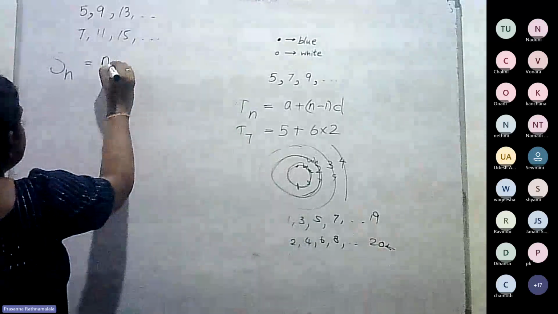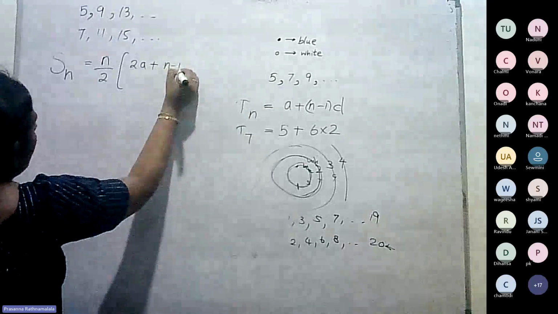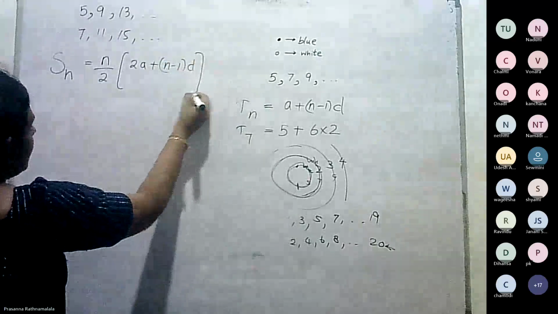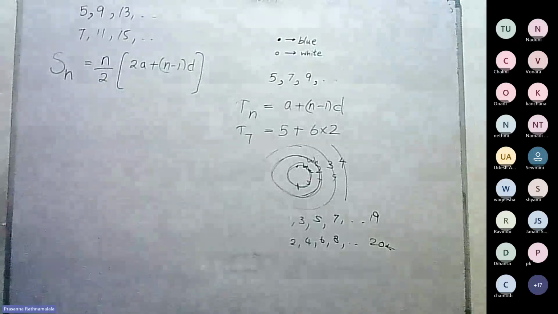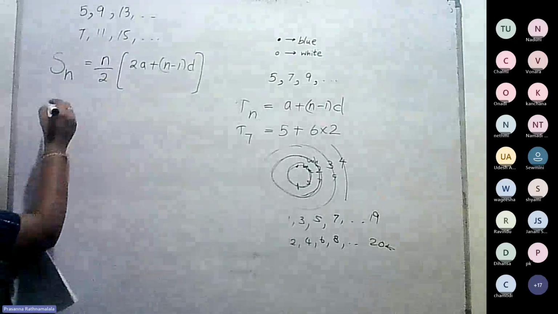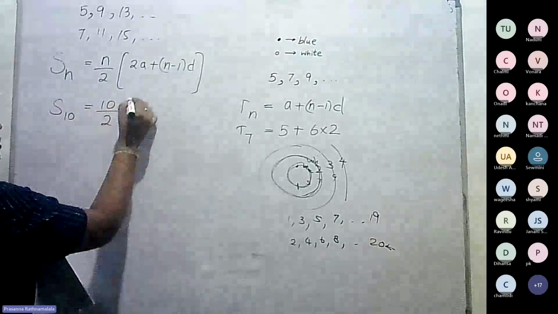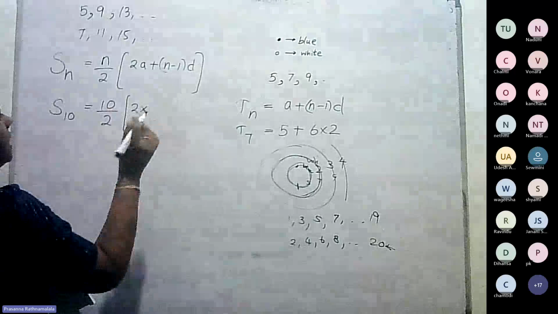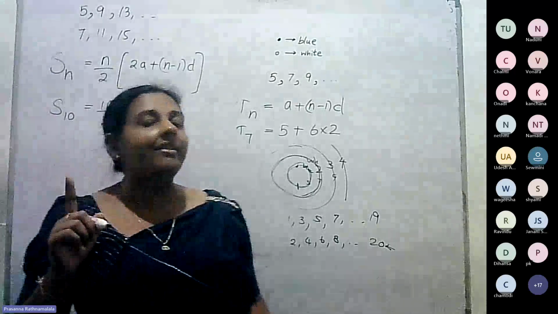That equals n upon 2 times (2a plus (n minus 1)d). That is the most appropriate formula to find the number of students in 10 circles. Then S10: 10 divided by 2, times 2 times the first term.